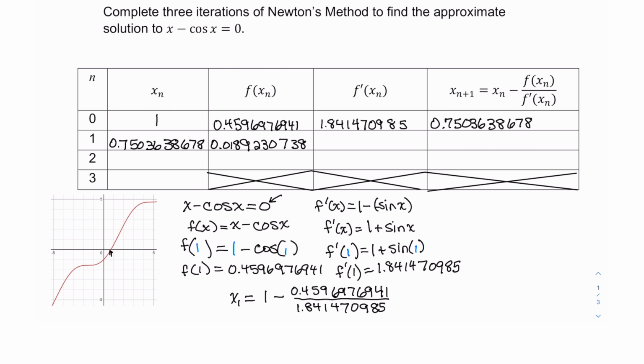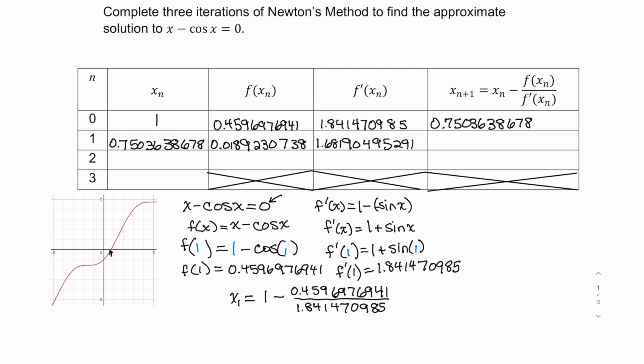When we run it through the derivative, so remember we're running that 0.750363868 through the derivative as well, and you'll get 1.68190495291.